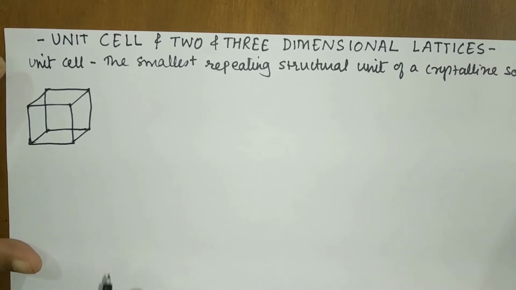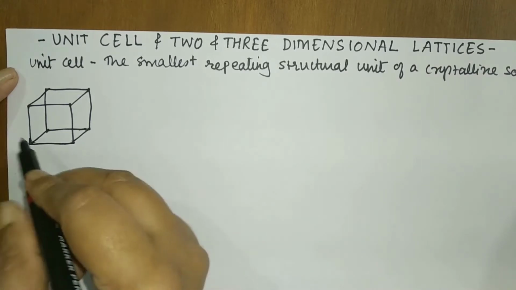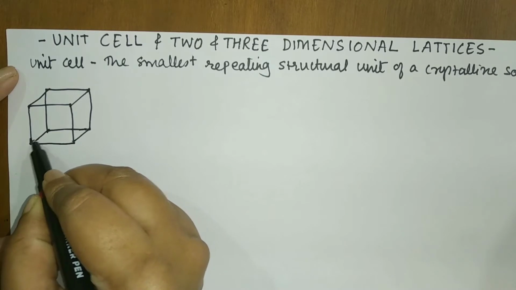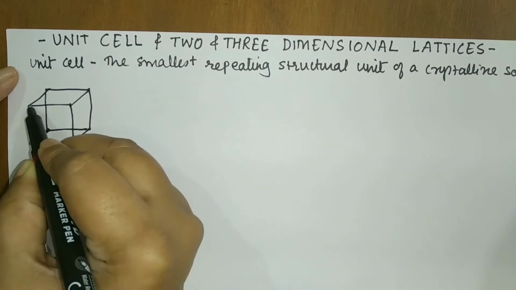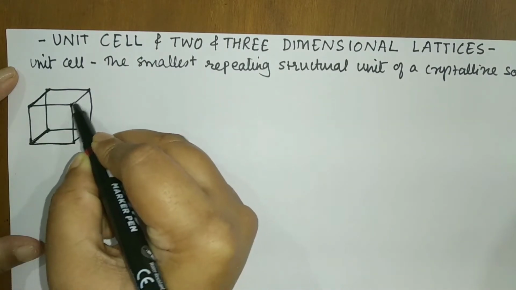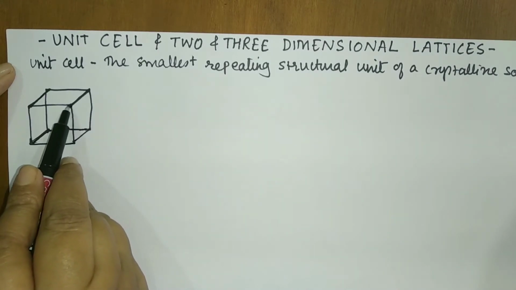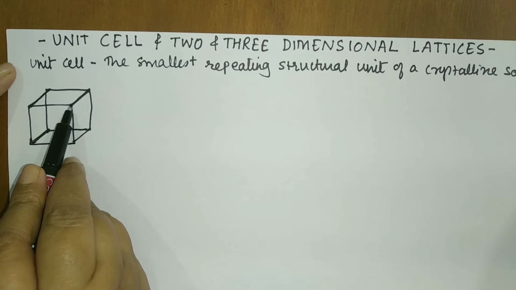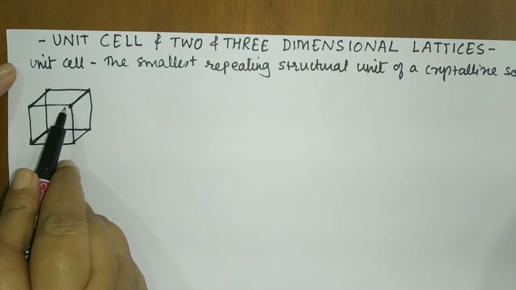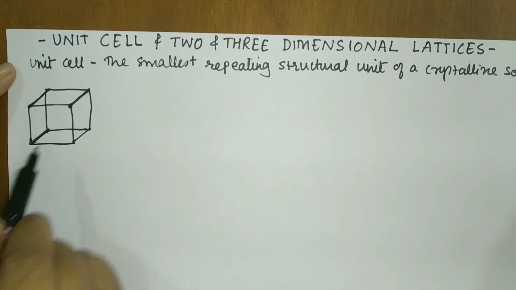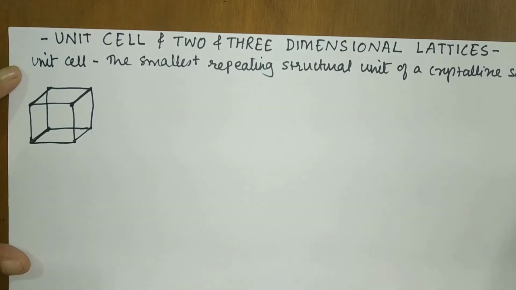Now students, if you see the edge lengths, where are the edges? This is the edge length. The atoms are present at these particular edges, or I can call them corners, what we call as lattice points. So let us understand the structure of unit cell first.